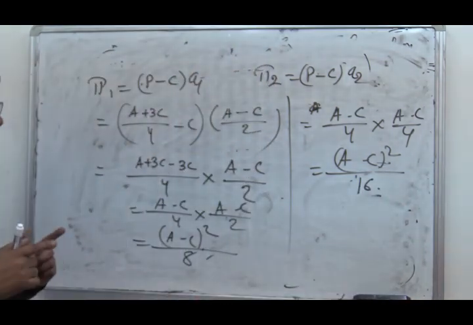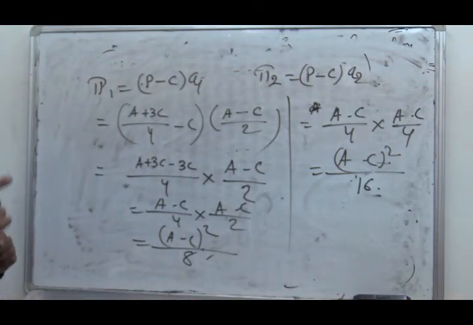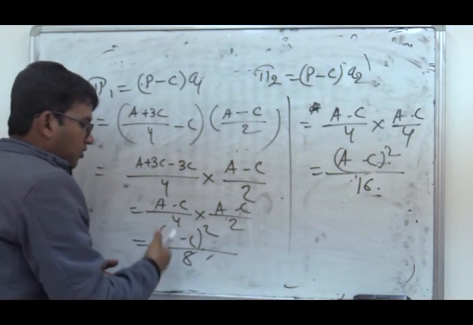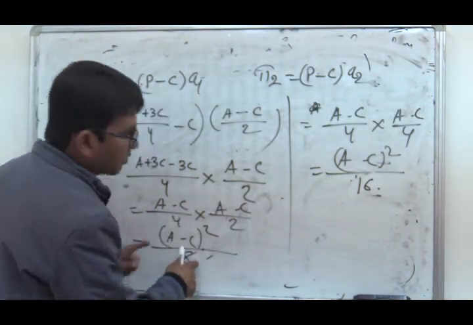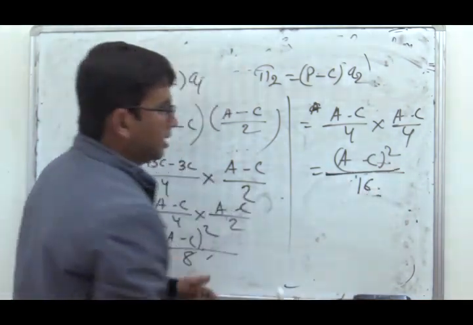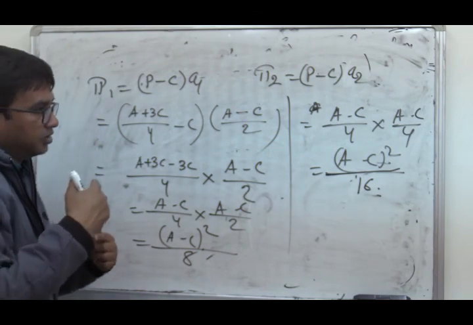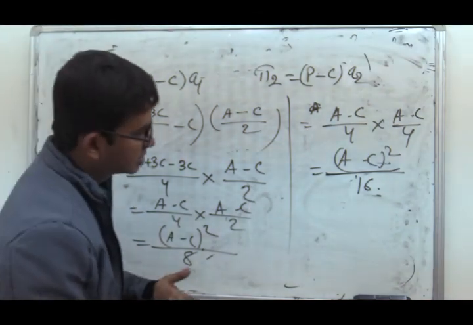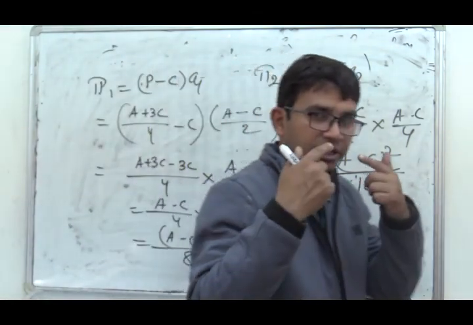As both firms are facing the same cost, firm 1 produces double the output of firm 2. That's why firm 1's profit will be double the profit of firm 2. So the leader makes a profit which is exactly double the profit made by the follower. So this is the case of the Stackelberg model.